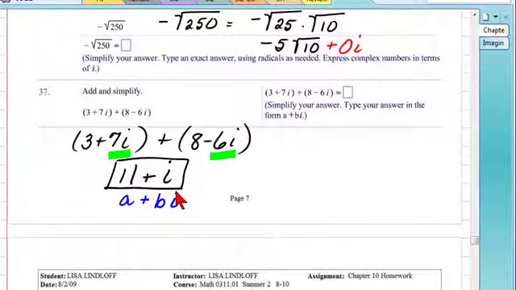So watch for that in the instructions when it says type in your answer in the form a plus bi. It didn't say that in the previous question, but it did tell me to write the answer as a complex number. So I was a little uncertain whether it wanted the plus 0i or not.